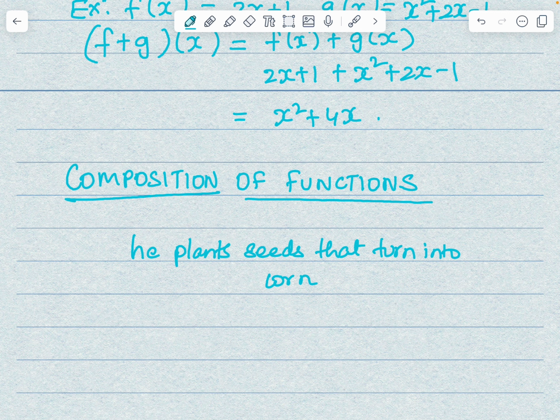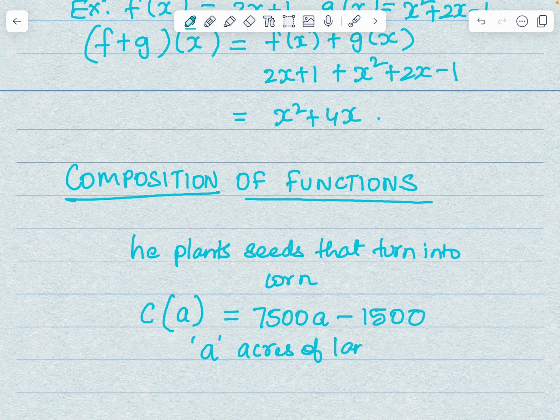So then he says C of A is this. That means if he plants corn on A acres of land, C of A gives him how much he produces of the corn, let's say in kilograms.